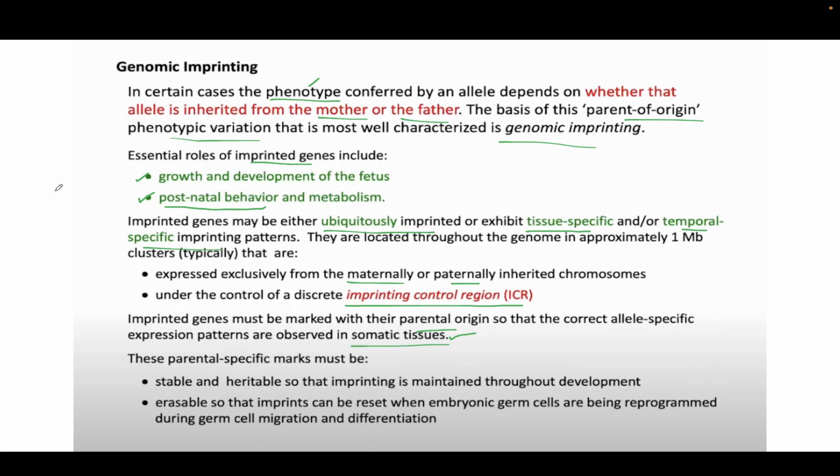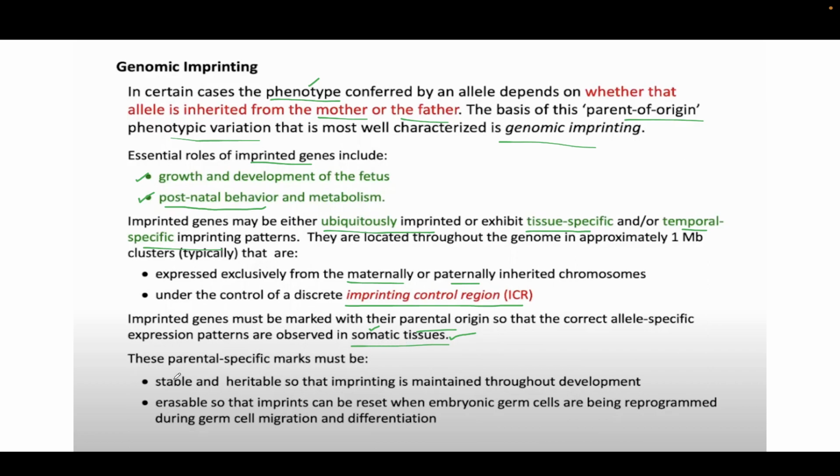But when we are talking about genetic imprinting, we are talking about somatic cells, not sex chromosomes. We are talking about somatic chromosomes. And that's why it regulates the phenotype, appearance, behavior of the particular organism. Understood? So imprinting is related to somatic chromosomes.